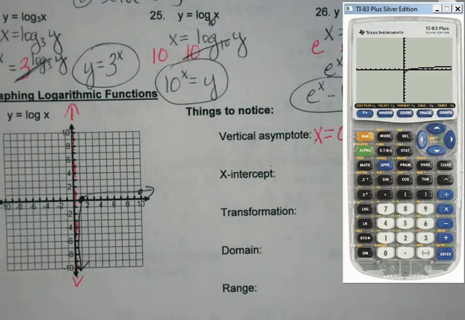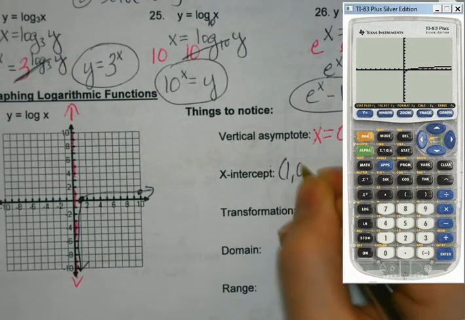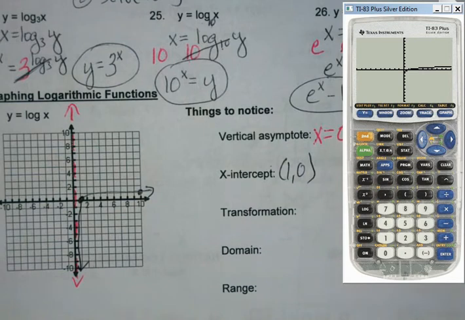X-intercepts, typically on these, unless you have some shift, are going to be at 1, 0. But we're not going to concern ourselves as much with the intercepts in this section because this can get a little more complex at times. So for now, we'll just kind of leave that one at that.